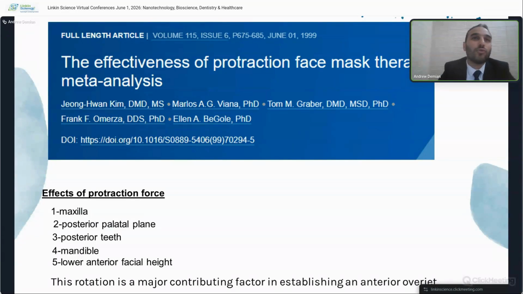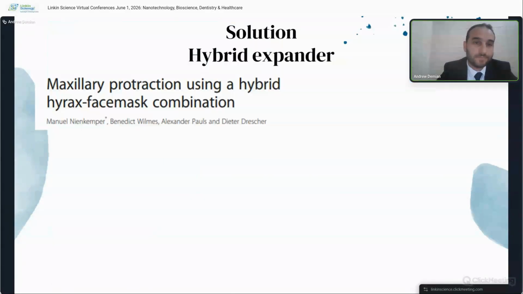So we don't have a true forward movement of the maxilla, rather a downward and backward movement of the mandible, resulting in increased lower facial height, with patients having a very long face, rather than a true skeletal effect from the maxilla moving forward.